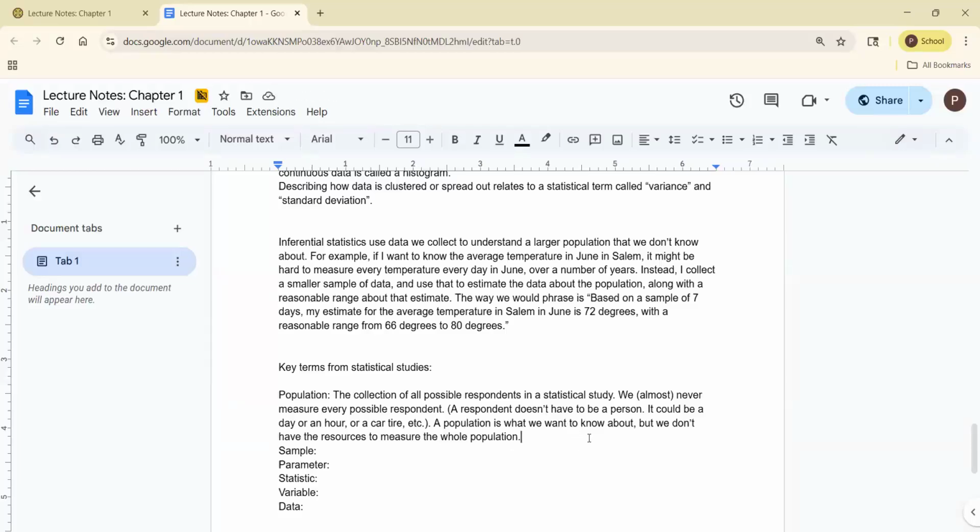If we wanted to know the likelihood that someone has the flu right at this very minute, and we had infinite resources, we could ask every single person in the world if they have the flu right at this minute, and we would know, and we wouldn't have to do any statistics. But we can't do that. And so instead, we use statistics along with a smaller group of respondents to make an estimate. And that group is called the sample.